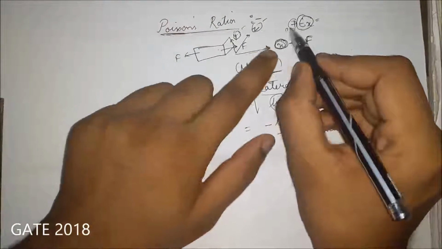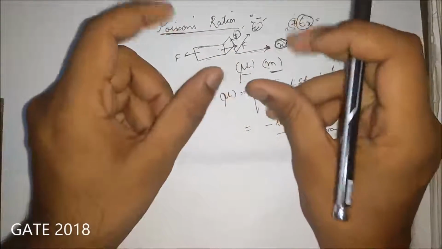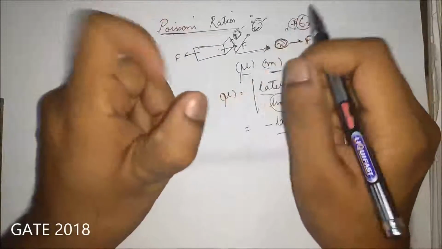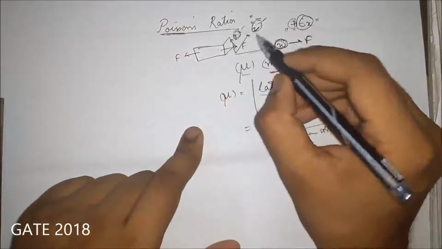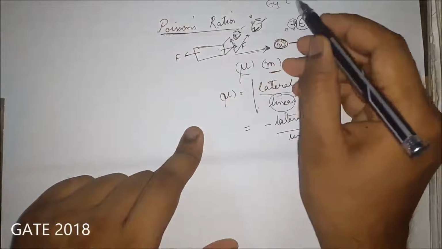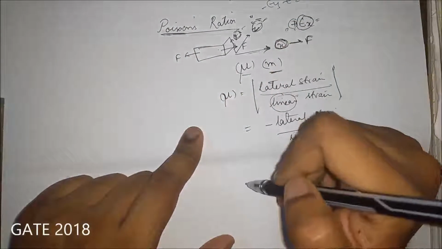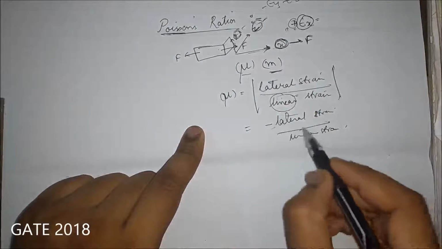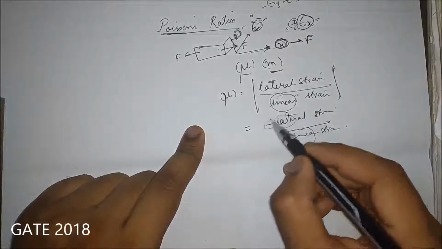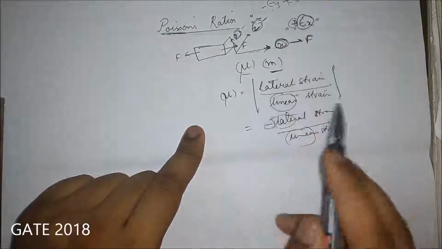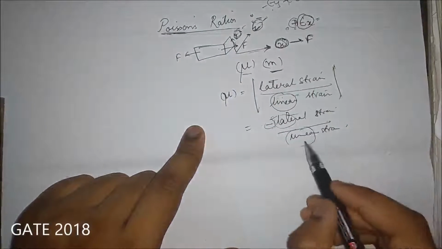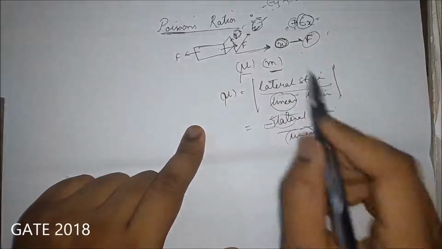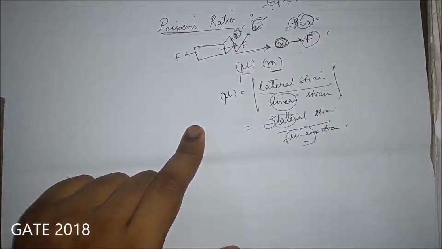Okay, so there will be compression in y as well as z direction. There will be decrease in length, so epsilon y and epsilon z will be negative in nature. They will decrease, so lateral strain will decrease, so there is a minus sign. Y or z, both are lateral only. Linear strain in the direction where the force is applied is increasing, so there is a plus sign.